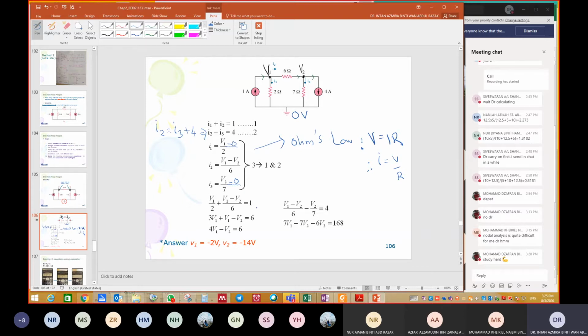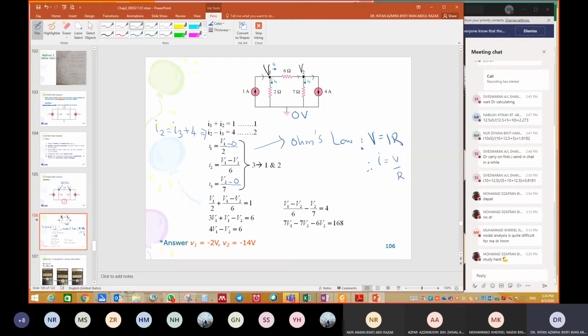So this is the first equation. You may rearrange it, or you just leave it as a fraction. But make sure you rearrange in terms of V1, V2 equal to the round number.